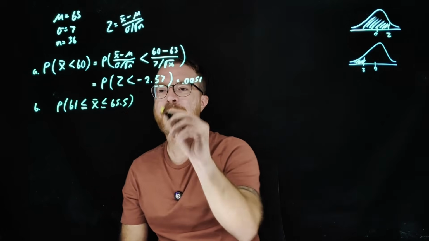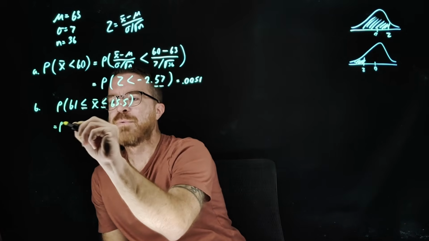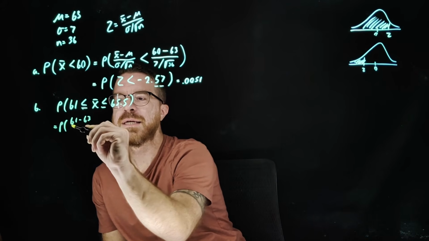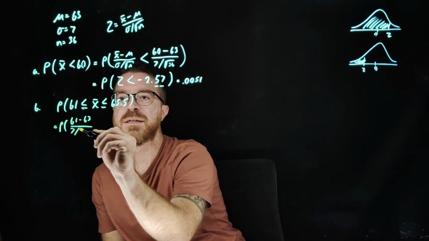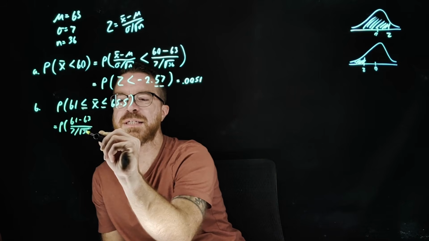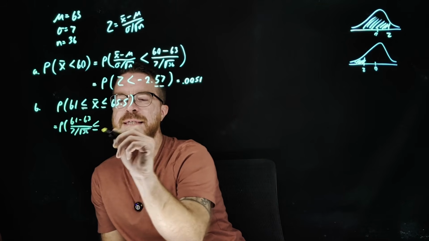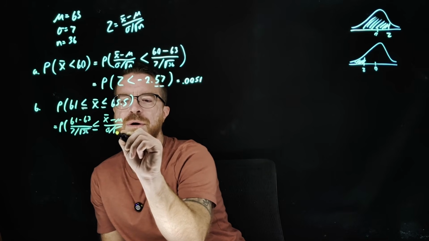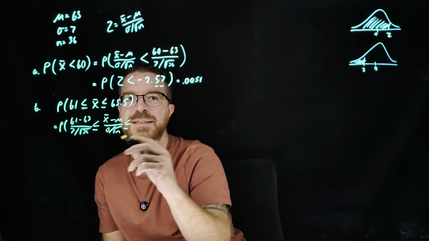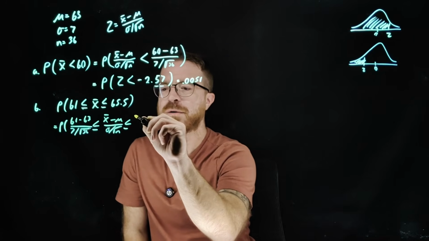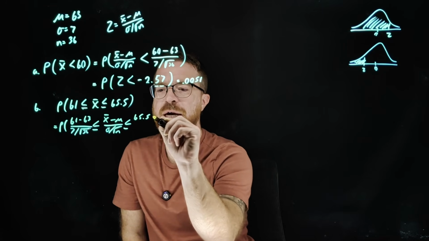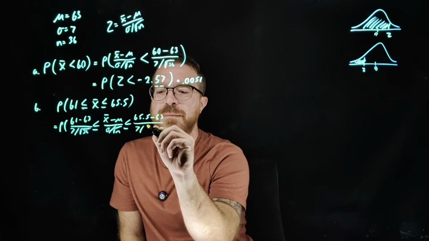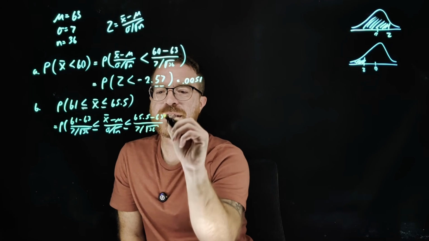So this is going to end up being the probability of 61 minus 63 divided by 7 divided by the square root of 36. The inequality stays the same. x bar minus mu over sigma divided by square root of n. And now we do the same thing for our larger value: 65.5 minus 63 divided by 7 divided by the square root of 36.